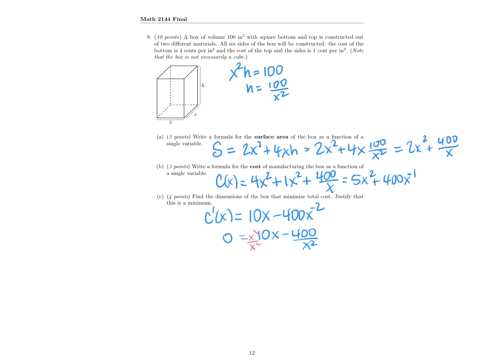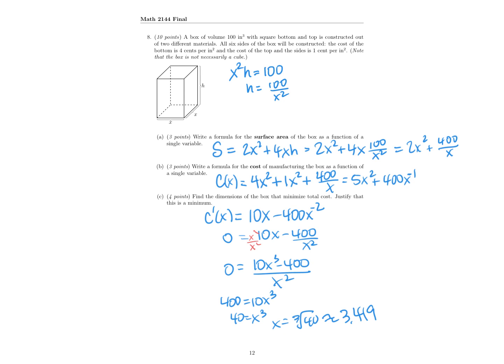So that gives me 0 equals (10x cubed minus 400) over x squared. Setting that equal to 0 is equivalent to setting the top equal to 0. So I get 400 equals 10x cubed, divide by 10, and x is equal to the cube root of 40, which is approximately 40 raised to the 1/3 power in my calculator, 3.4199.